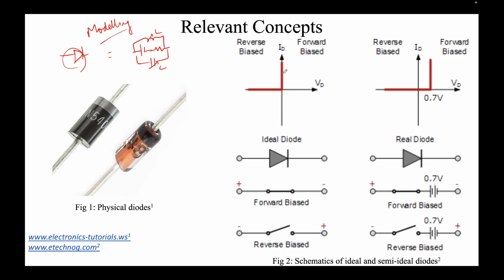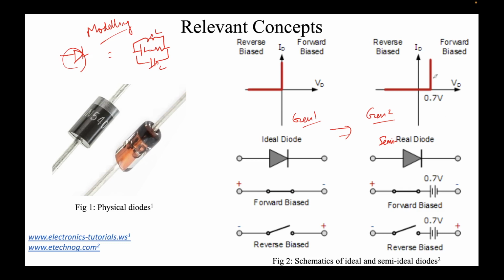This is not realistic. However, this model, what I call a semi-real or semi-ideal diode, is taken forward from this. So this is, let's say, gen 1, and this is gen 2. What is the modification that we have done? We have said that this diode will conduct only after a voltage of 0.7 volts.